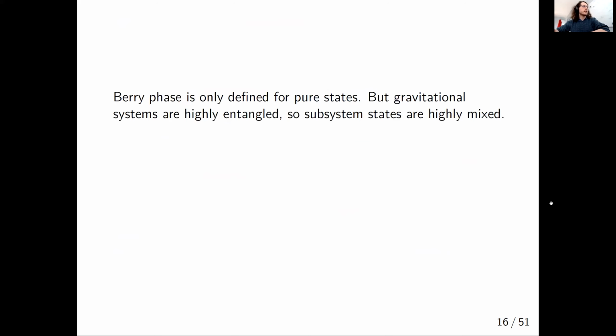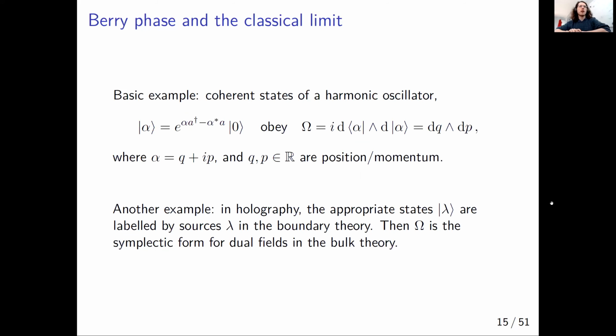Another example is provided by holography. In that case, the appropriate states are formed by inserting sources in the boundary theory, inserting operators. Then the Berry curvature is equivalent to the symplectic form of the bulk fields dual to those sources.